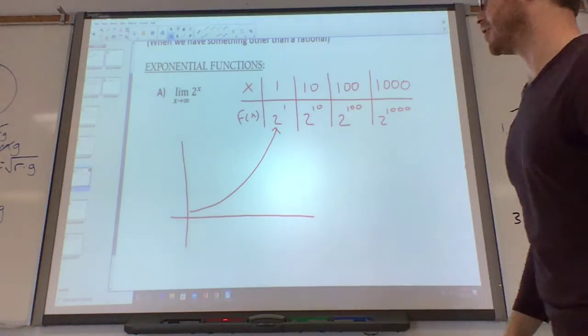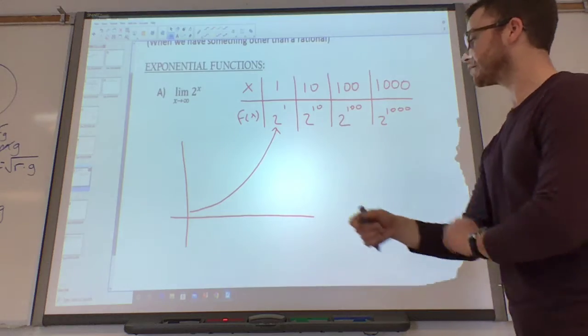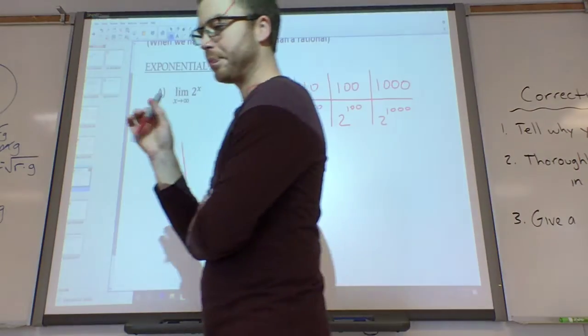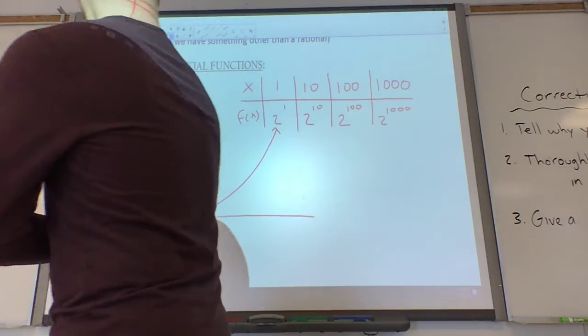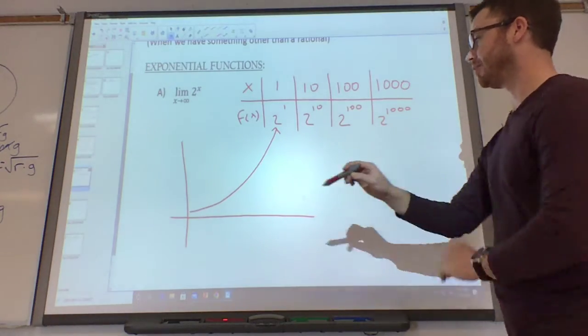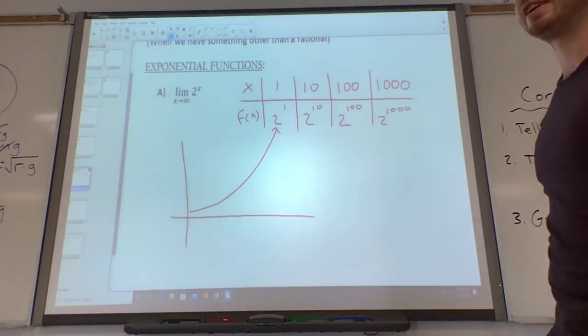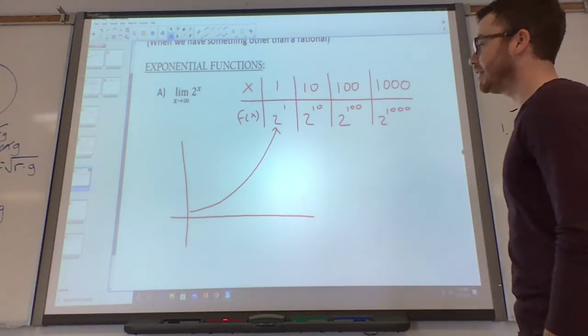That's what this function looks like on the right side of the graph. Okay. So what could we say about this graph? What does it look like? How is it increasing? Exponentially, yeah.